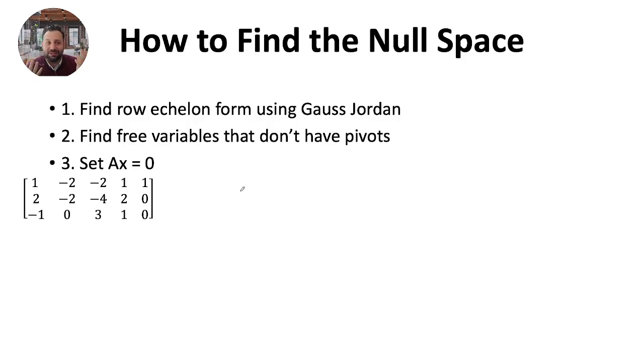That is going to give me the null space of this matrix. So let's try to find its row echelon form. I zero out these entries, and by doing the Gauss-Jordan elimination, I find this row echelon form.